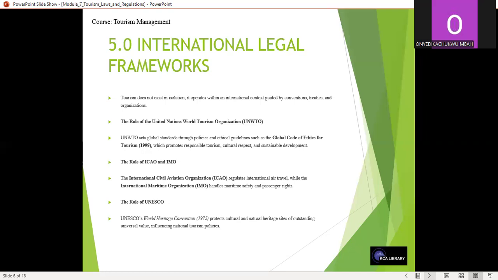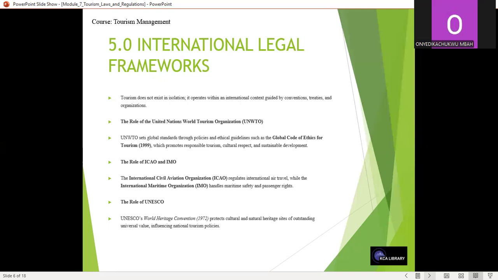So the UNWTO sets global standards through policies and ethical guidelines, such as the Global Code of Ethics for Tourism in 1999, which promotes responsible tourism, cultural respect, and sustainable development.